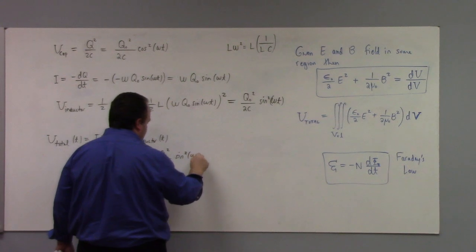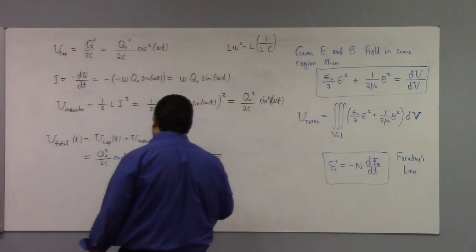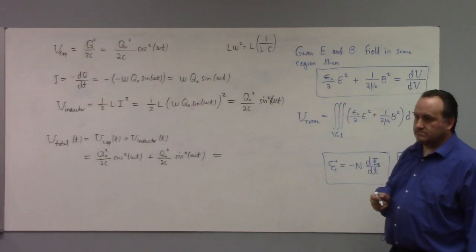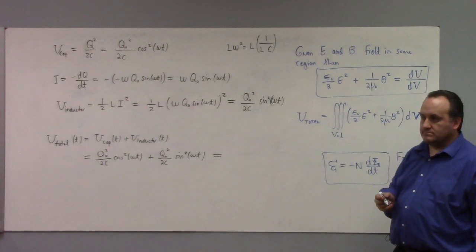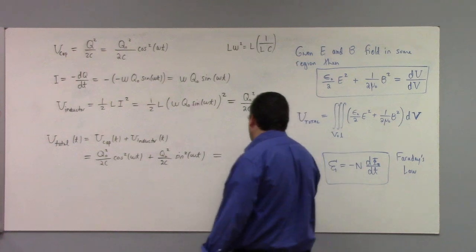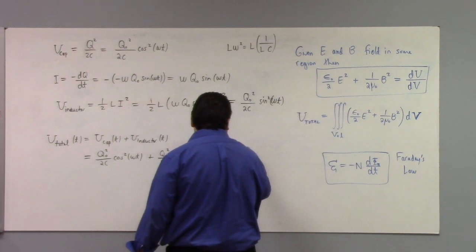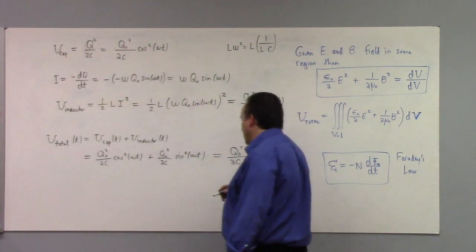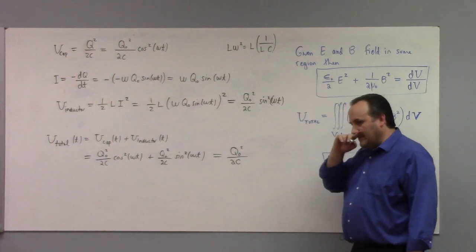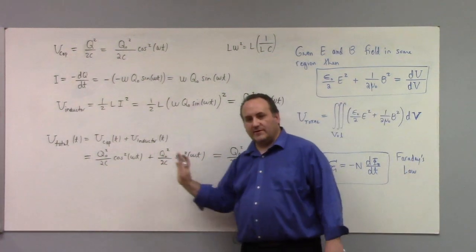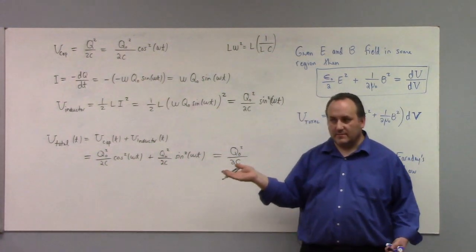Can you guys simplify that for me? You're like, the answer is 47. What? Q naught squared over C. I'm going to insert a 2 in what you said. Q naught squared over 2C, which might have been what you said. Because sine squared plus cosine squared is 1.